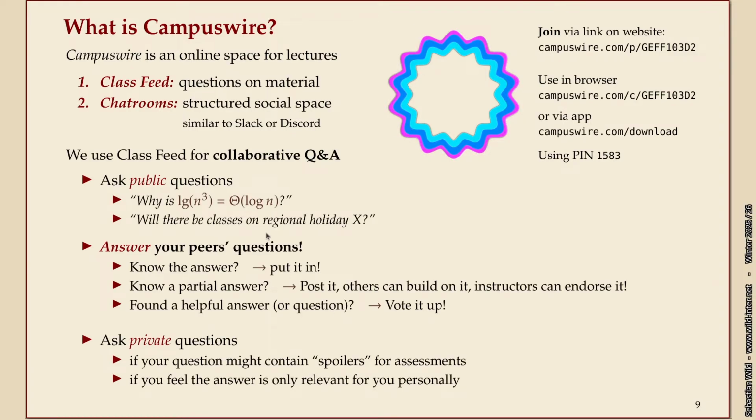I would mostly want you to use public questions for anything that other students might be interested in. Only really use the private questions when it's spoiling some assessment or it's really, really something that only concerns you. Most of the things should be a public question on CampusWire.